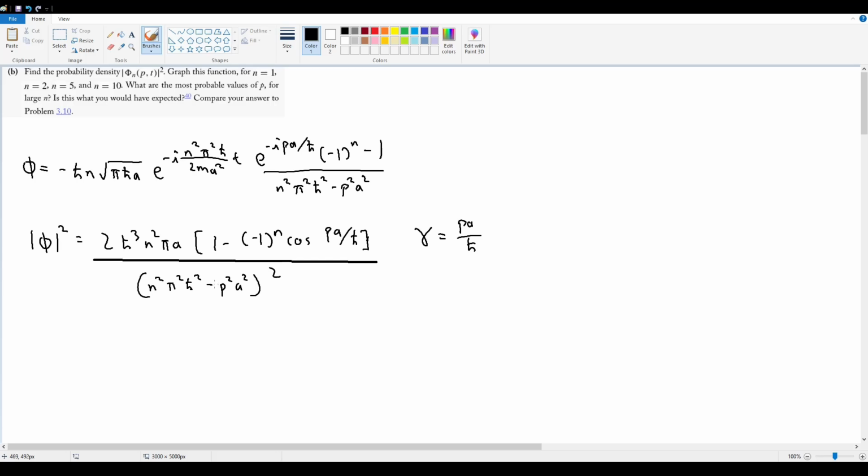From there, maybe I could get this into something that is in terms of purely gamma while hiding all the h bars, the a's and the p's inside that gamma expression, right? So if there's a pa over h bar on top here, I look down at the bottom and immediately I notice, hey, I can take out an h bar here, in which case if I do that, this becomes p squared a squared over h bar squared like this.